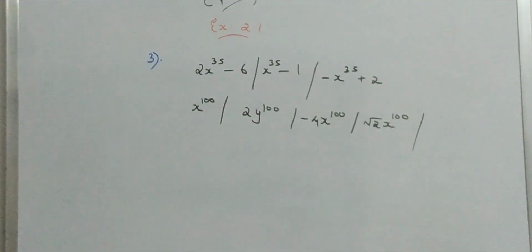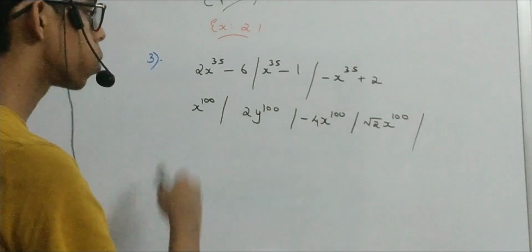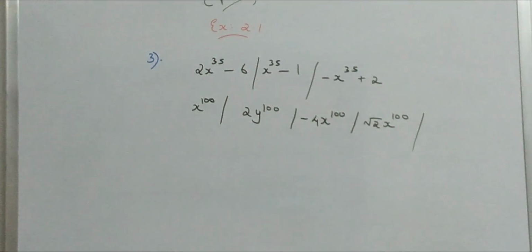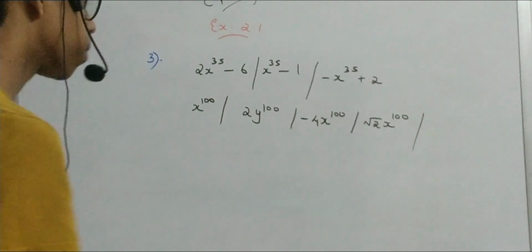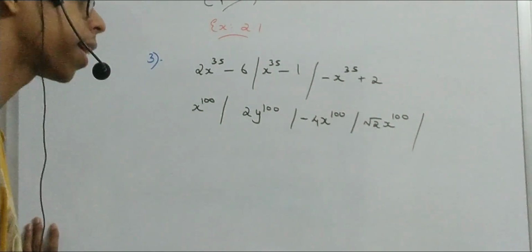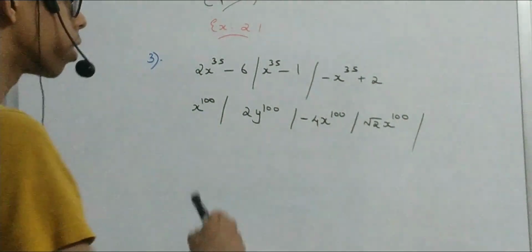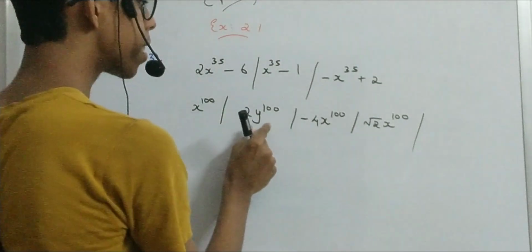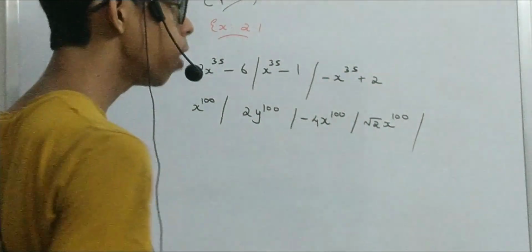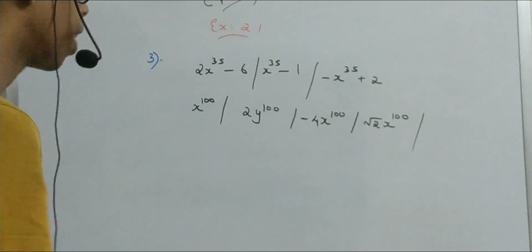Okay, for this. Now the second one was to write a monomial of degree 100. So we know that monomial means it is an algebraic expression containing only one term. So here in all the examples I wrote, we are having only one term of x or y.